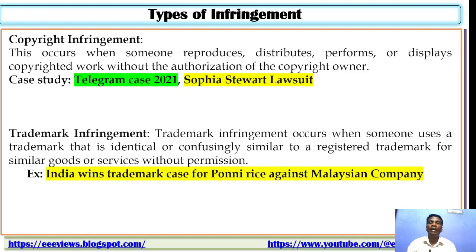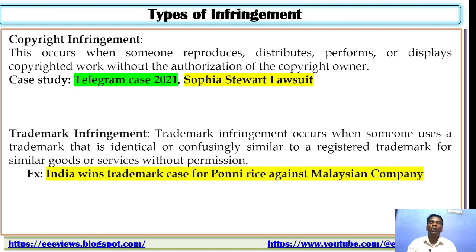They stated that because of the trademark registration, they were having losses in their product. The Malaysian company was getting rice from various countries like Thailand, India, and Pakistan, and selling it to distributors in the name of ponni rice. So they were not giving the quality of the product as the name ponni rice suggests, since ponni rice gets its name from South India.